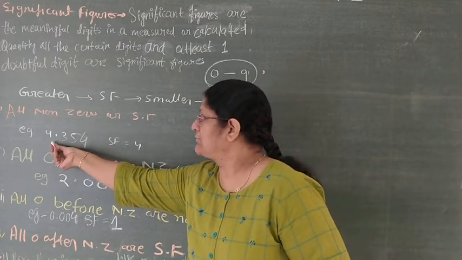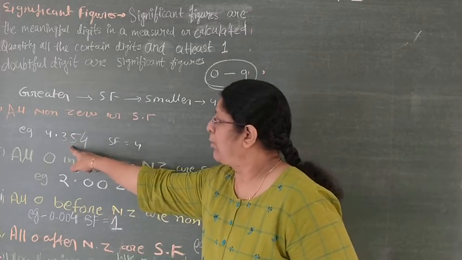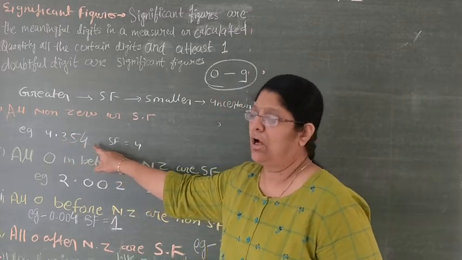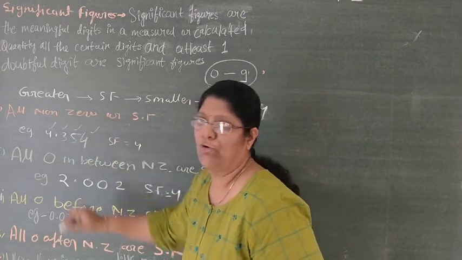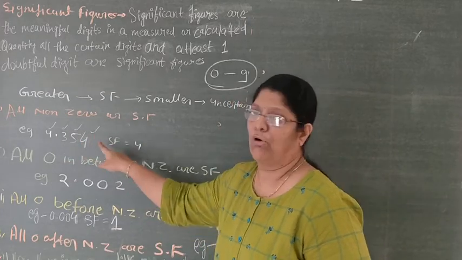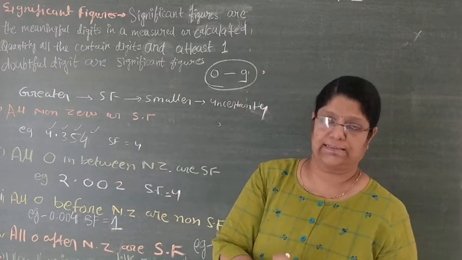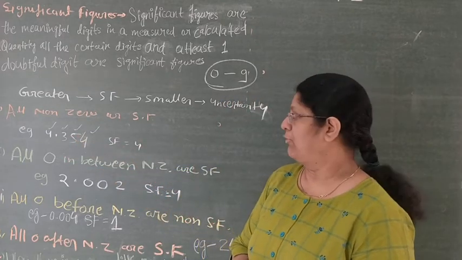So an example is 4.354. How many digits are there? 1, 2, 3 and 4. 4 digits are there, so the significant figures are 4. We are counting only digits. The number of digits is 4, so the significant figures are 4.